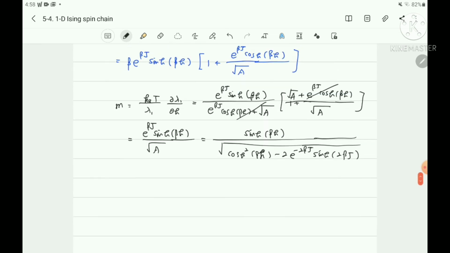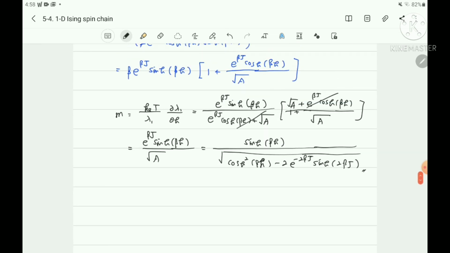It is the exact solution for the magnetic moment of the one-dimensional spin chain. It shows that without magnetic field, the magnetic moment is 0 for all temperatures, so there is no spontaneous magnetization.